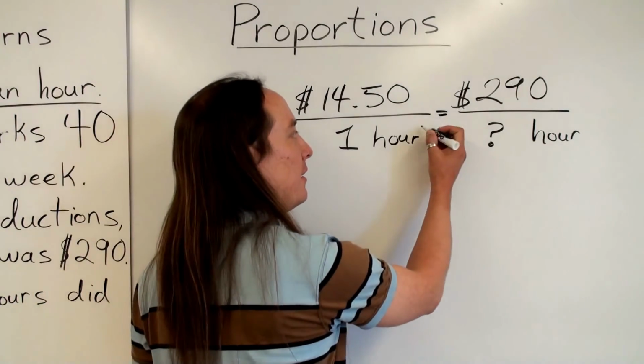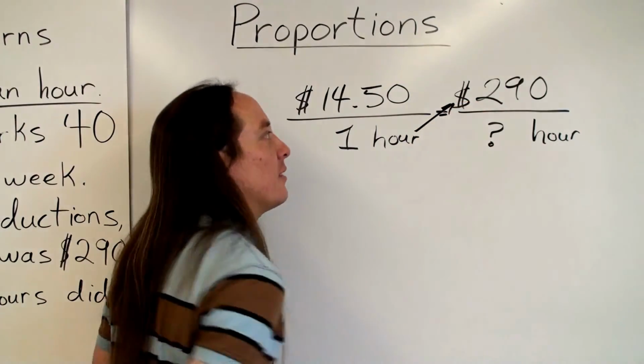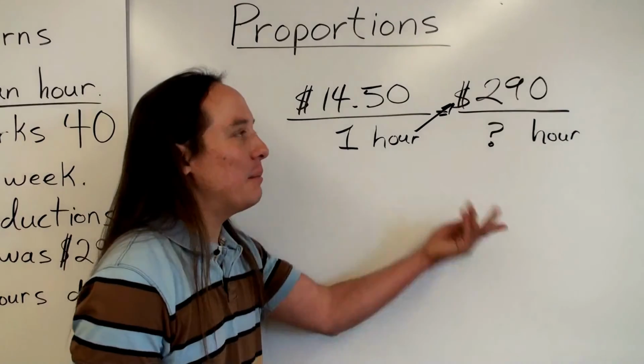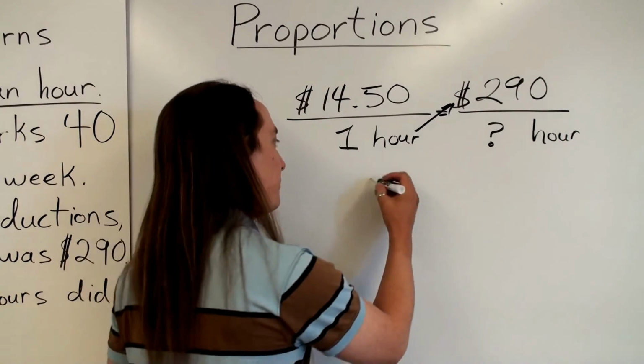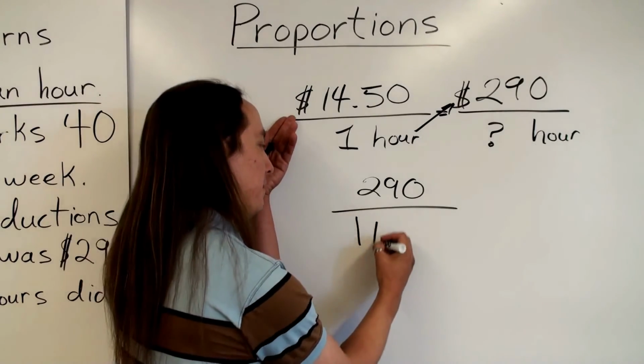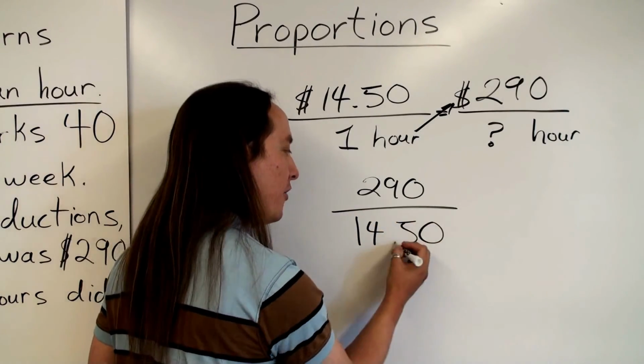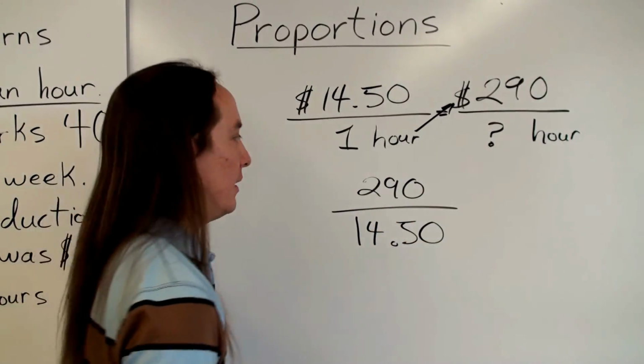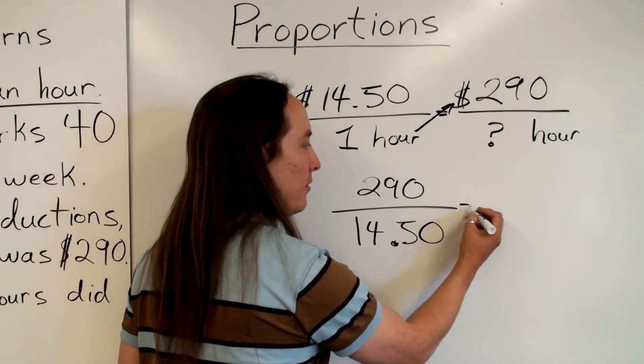So we would multiply diagonally, cross product principle, right? So 1 times 290 is 290, divided by 14.50, the other number that we haven't used, and that will give us 20.